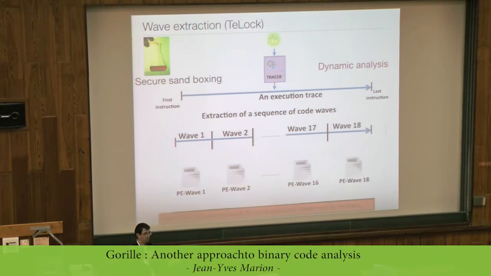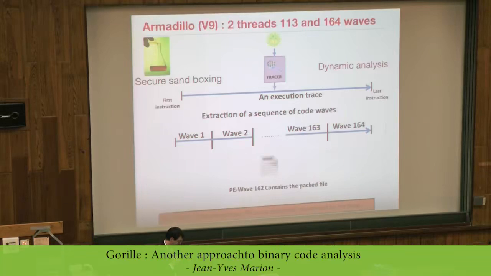Then, for example, if we see that there are 18 waves, we are going to take 18 snapshots of the memory just to disassemble all these 18 snapshots. Of course, this is the easy case when there are 18 waves.